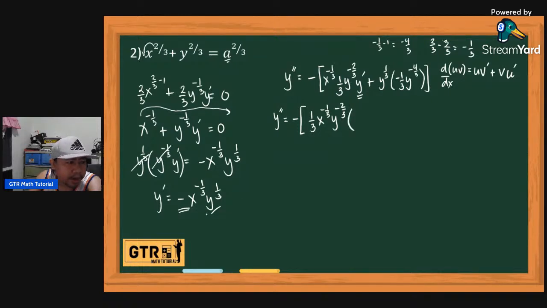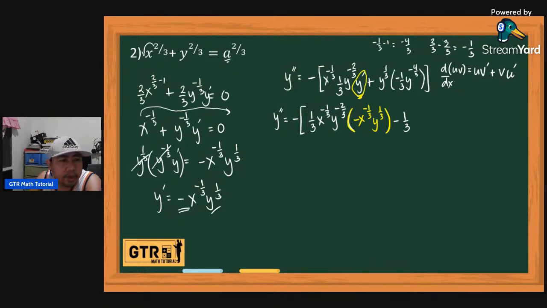So the value of y prime is negative x raised to negative 1/3 y raised to 1/3. So this is the value of y prime. Then just copy this. So put negative 1/3 in front, so 1/3 y raised to 1/3, then y raised to negative 4 over 3.